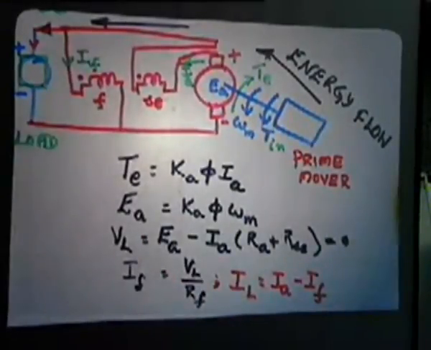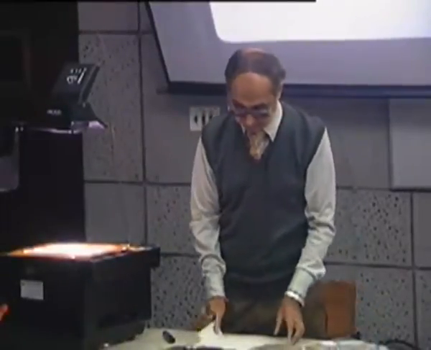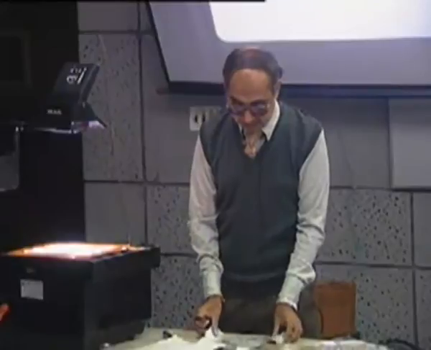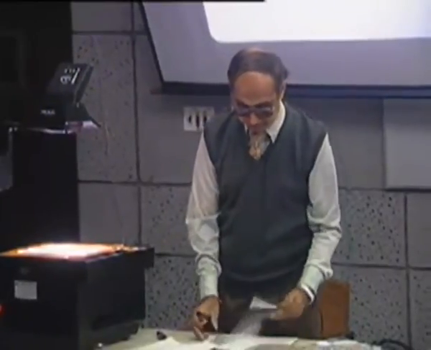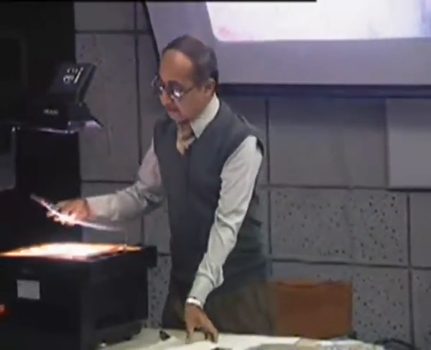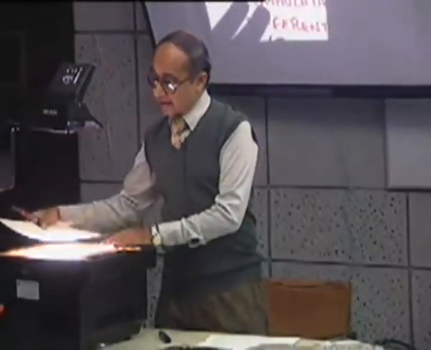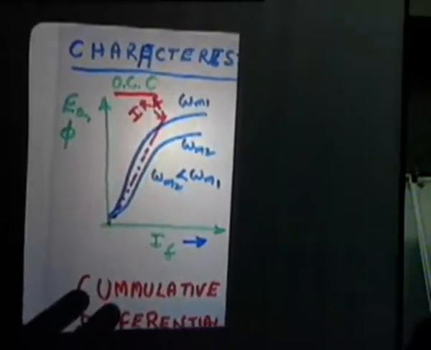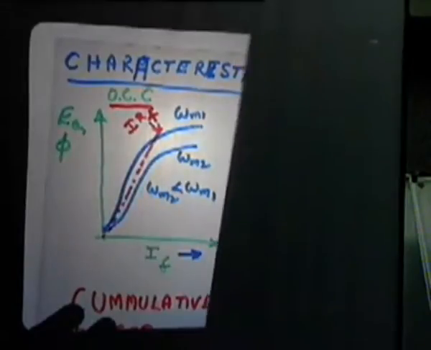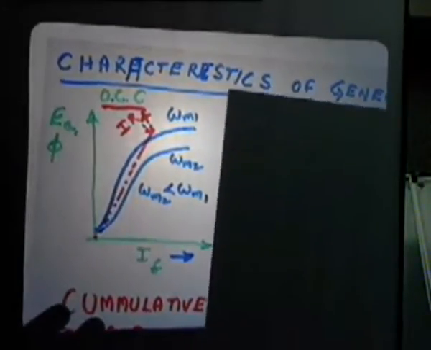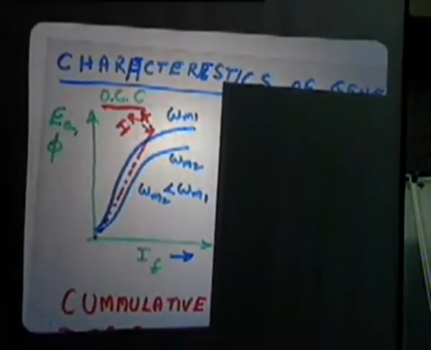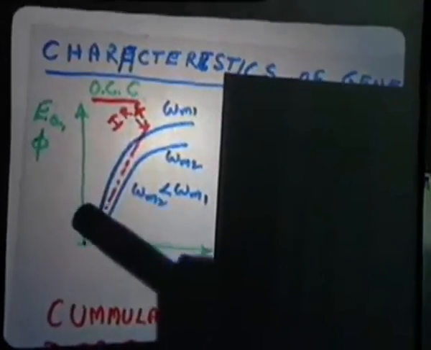We now notice the governing equations. Based on these, let us observe what the characteristics will be. As a generator, one of the important characteristics is the so-called open circuit characteristics.